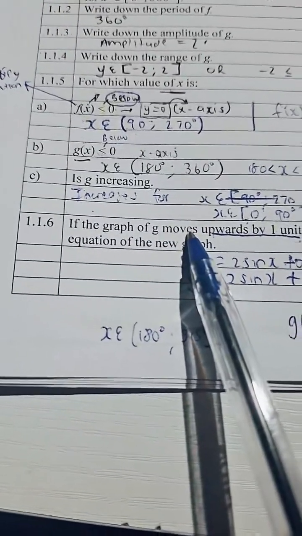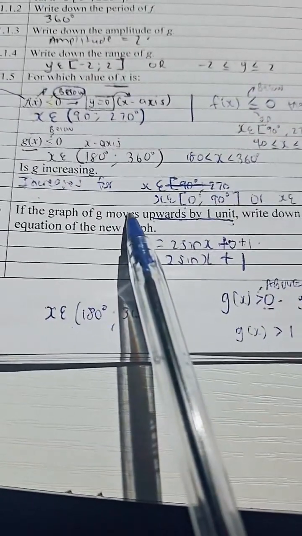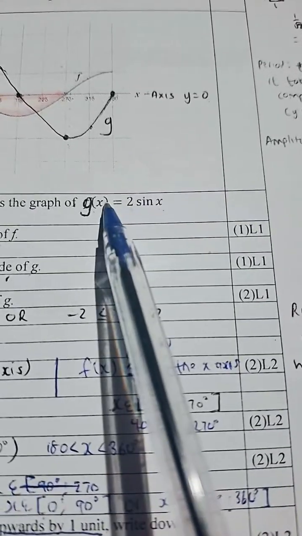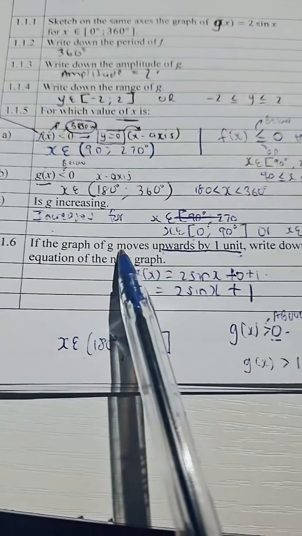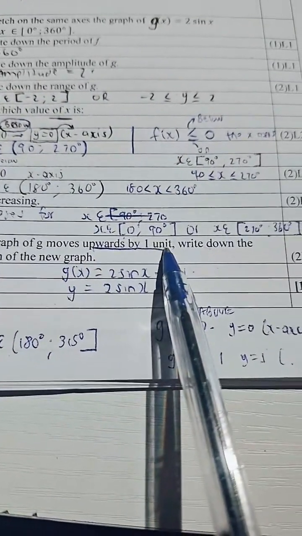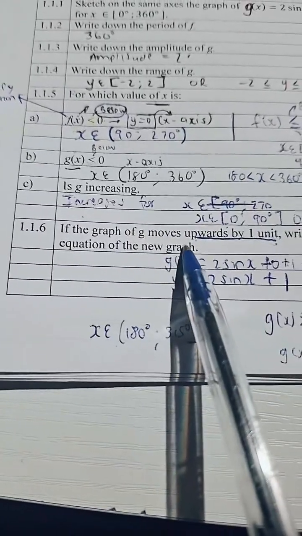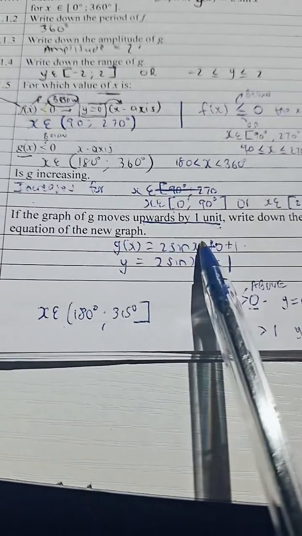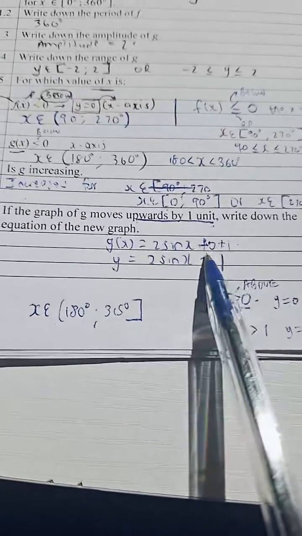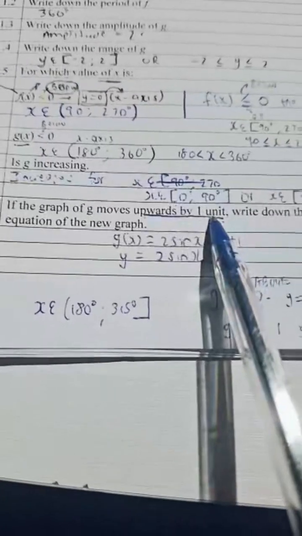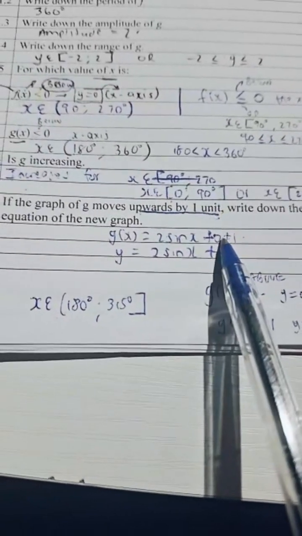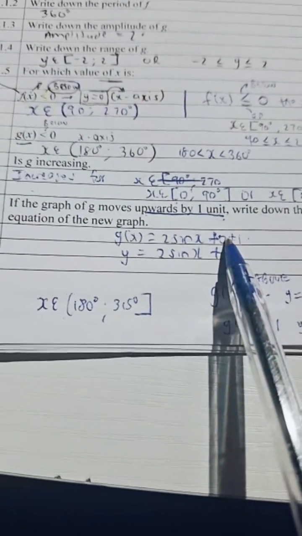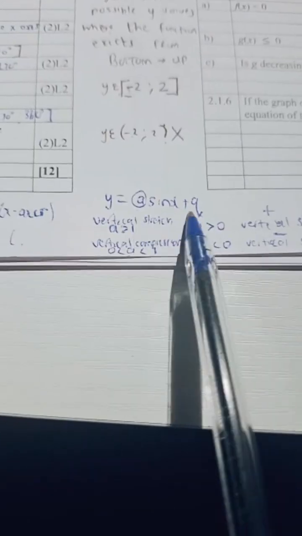Then 1.1.6. If the graph of G moves upwards by 1 unit, write down the equation of the new graph. So I repeat, if the graph of G, now where is G? G of x is equal to 2 sine x. Now we're being asked, if the graph of G moves upwards by 1 unit, to write down the equation of the new graph. We explained yesterday that when we speak about upward movement, this affects our parameter, our Q value, because this is the standard form of a sine graph in grade 10.